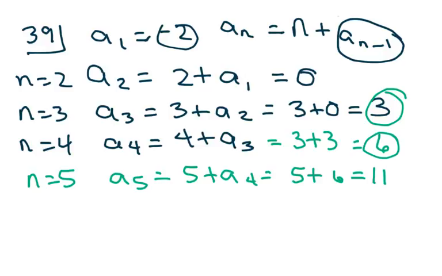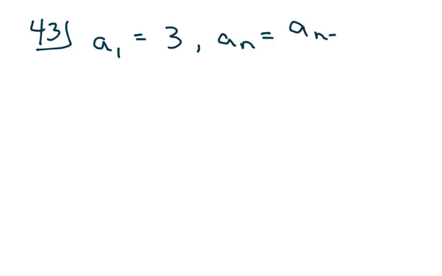Let's do 43. Okay, we have 43. And in that case, we have a sub 1 equals 3. And a sub n equals the previous term divided by n. So it just means the current term is the previous term divided by n. So we already have a sub 1, so a sub 2 equals the previous term, which is 3 over 2.